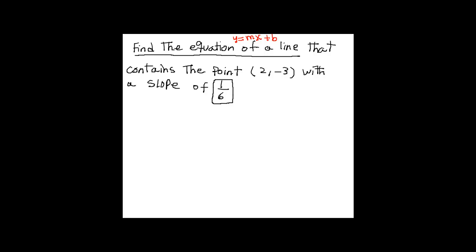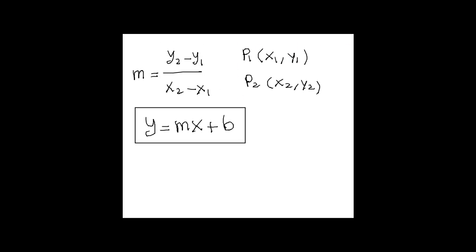Now, part of this formula is given to me. I know the slope, m, is given to me as 1/6. And I don't know the y-intercept, or b. So going back to this formula, this is the y-intercept and this is the slope. This is where your line intercepts the y-axis.